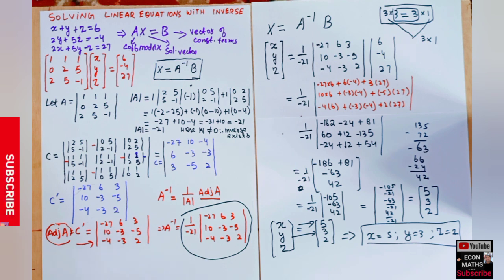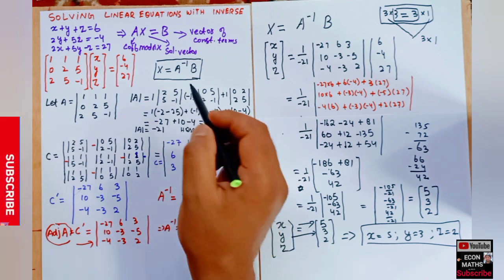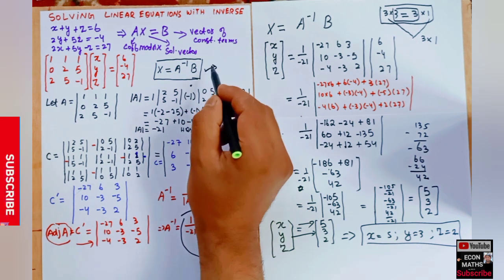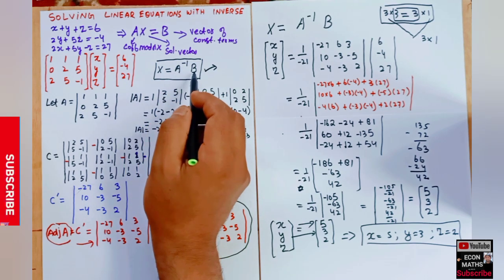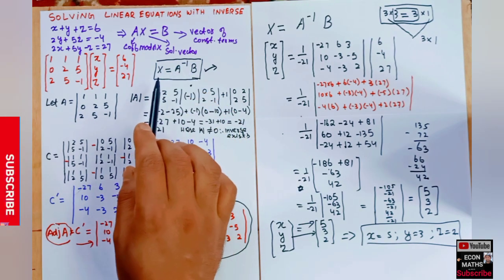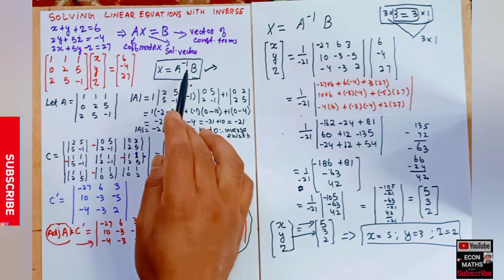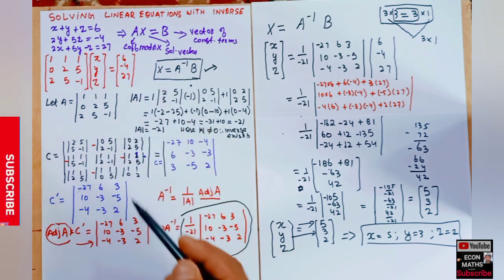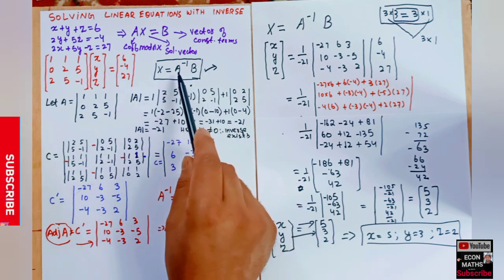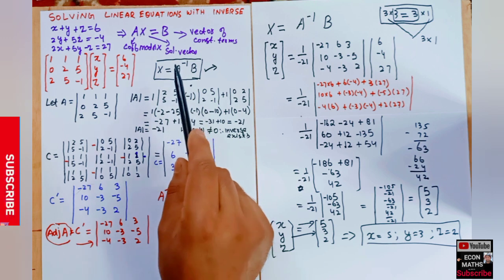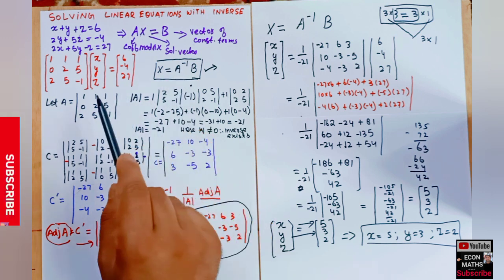Now for finding the solution, we use this formula, that is x is equal to A inverse times B. That is solution vector is equal to the inverse matrix times the vector of constant terms. So first we have to find the inverse. For finding the inverse, the matrix should be a square matrix, which is here.